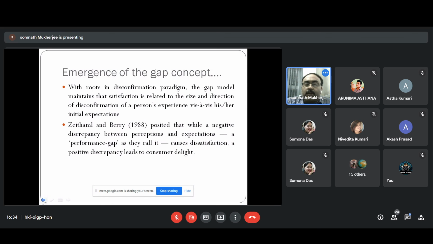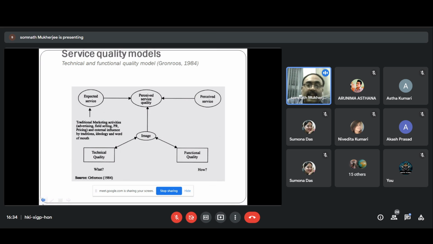And so what comes out here is two learnings for us. First, that it's a composite. Second, PZB forwarded the concept based on disconfirmation, and they said that they forwarded the model.